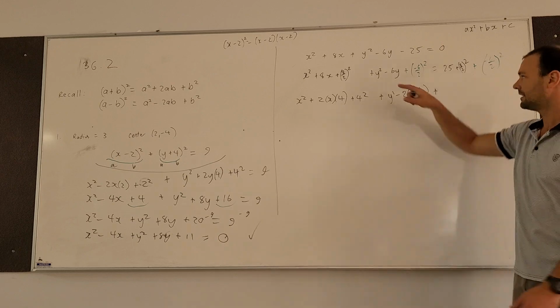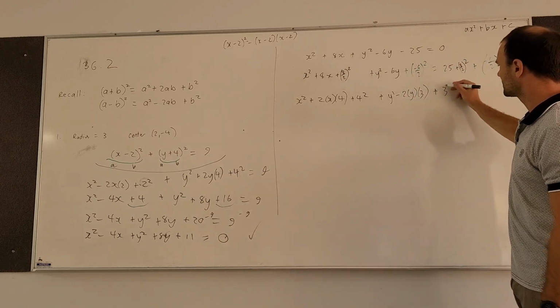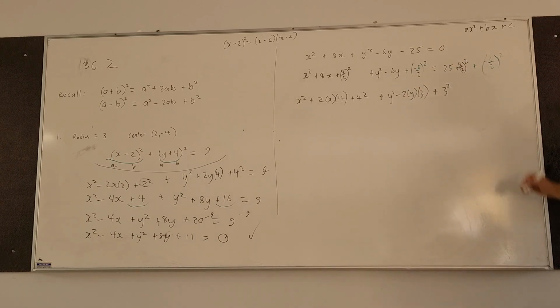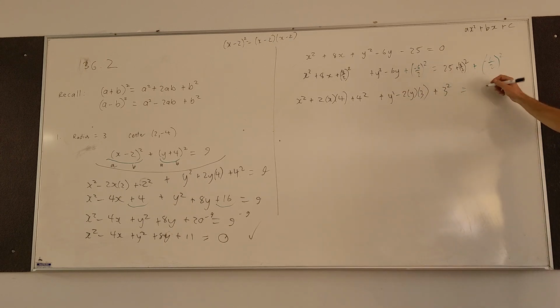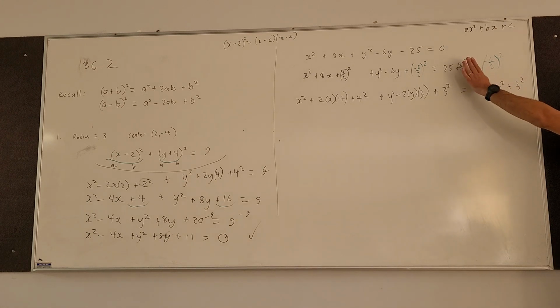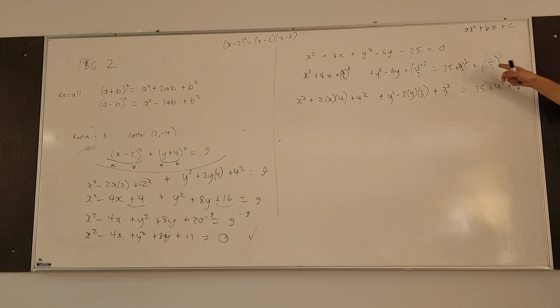It doesn't matter that the negative's there. So we can express it like this, that's fine. And then on the other side, all I've done is maintain equality. On the other side, we've got 25 plus 4 squared plus 3 squared. 8 divided by 2 is 4 squared. 6 divided by 2 is 3 squared. The negative has no effect because we're squaring it.